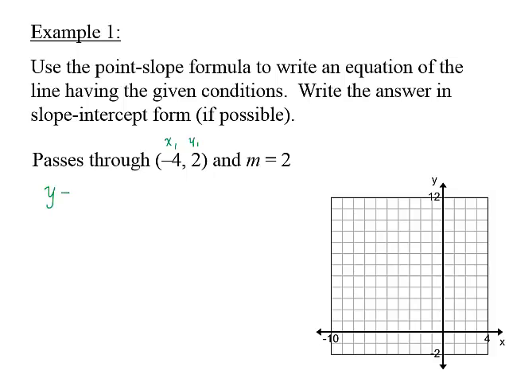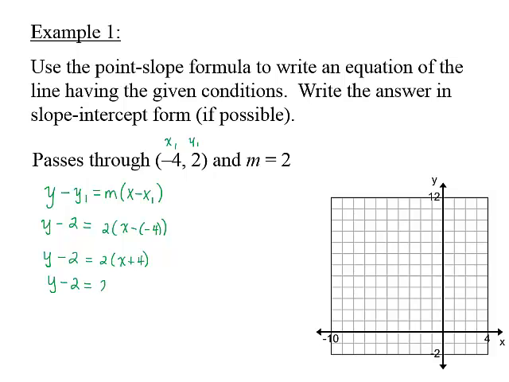Plugging into y minus y sub 1 equals m times x minus x sub 1, we get y minus 2 equals 2 times x minus negative 4. This is y minus 2 equals 2 times x plus 4, where y minus 2 equals 2x plus 8.